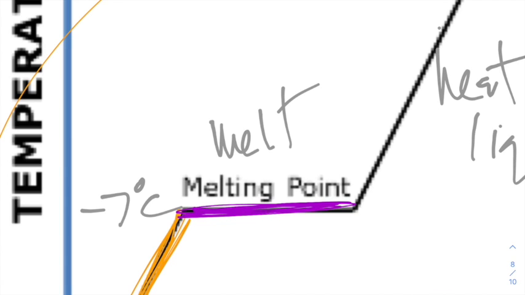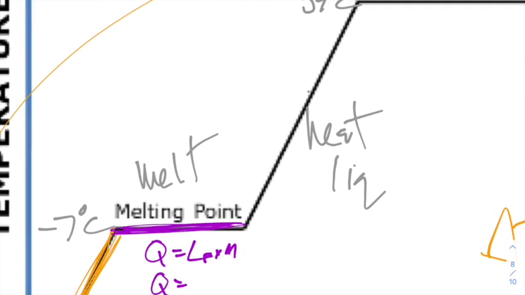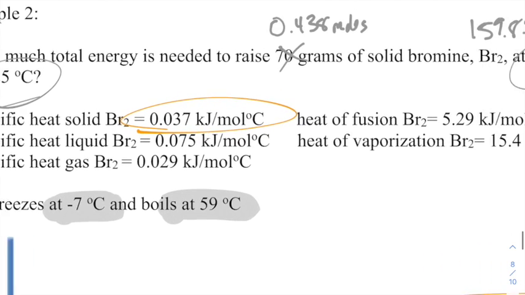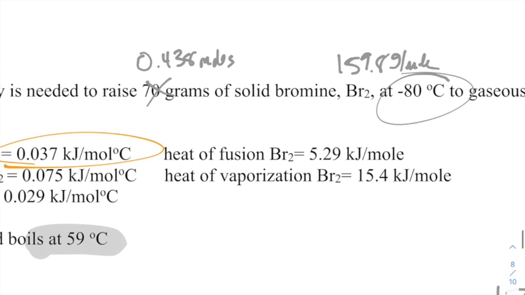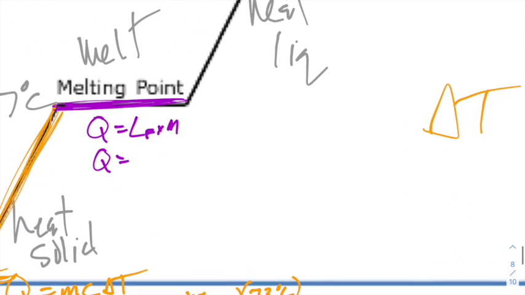So when you are melting something, you no longer have delta T, and so we're back to heat of fusion. So this is just going to be Q is equal to L of F times M. So my Q then is going to be equal to the heat of fusion that they gave. Oh, there it is. They told us that the heat of fusion of bromine is 529 kilojoules per mole.